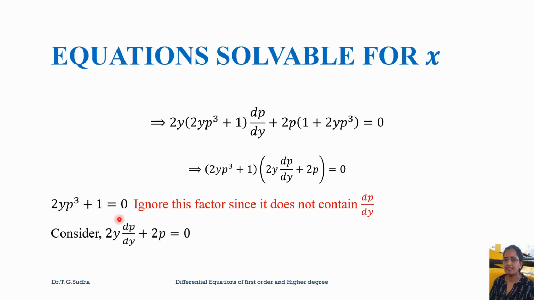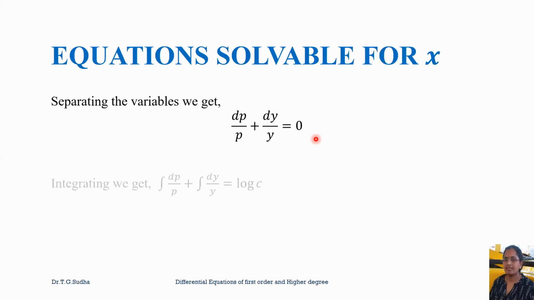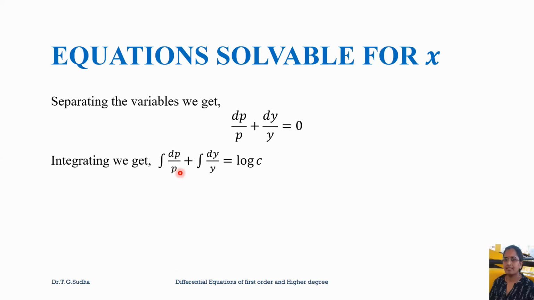So let us solve this first order differential equation now. To solve this, we are going to separate the variables and we get dp by p plus dy by y equal to 0. Now to obtain the solution, we need to integrate. So integrating, we get integral dp by p plus integral dy by y is equal to log c.